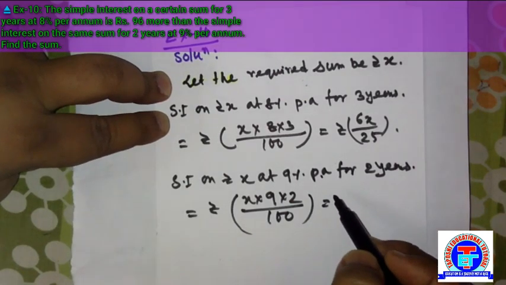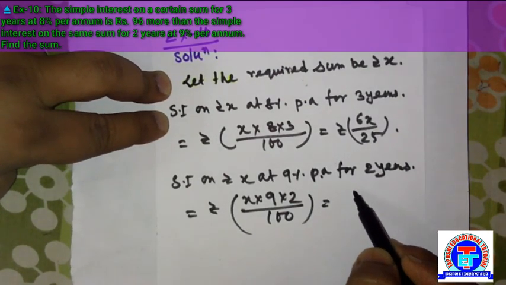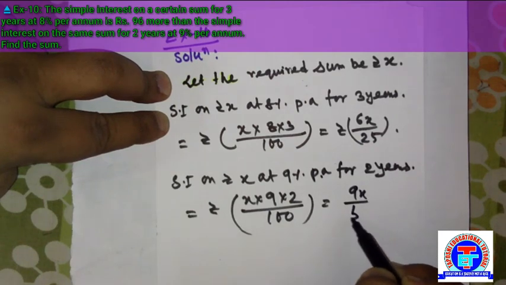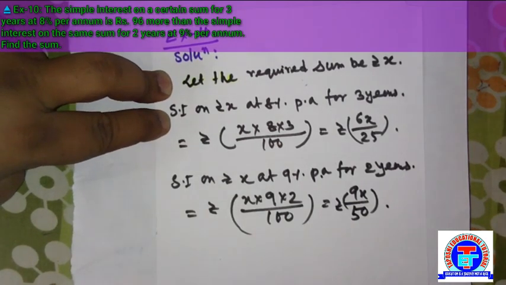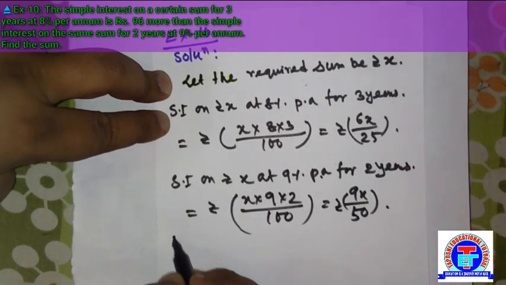That means it will come 9x by 50 rupees. Correct.